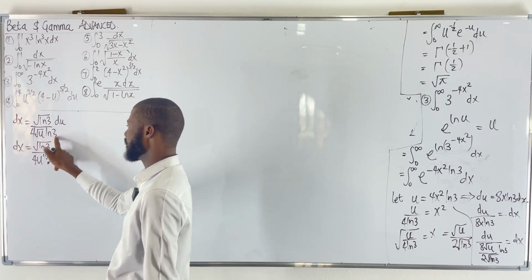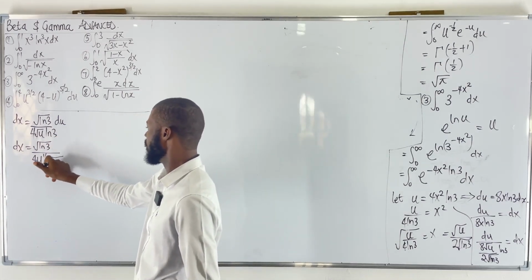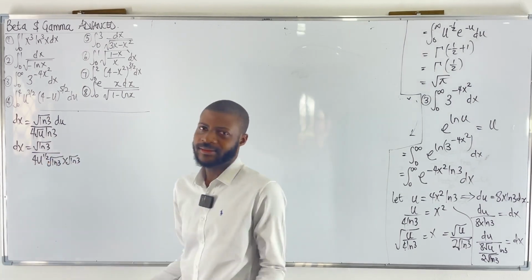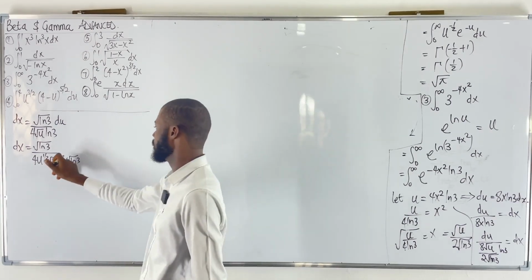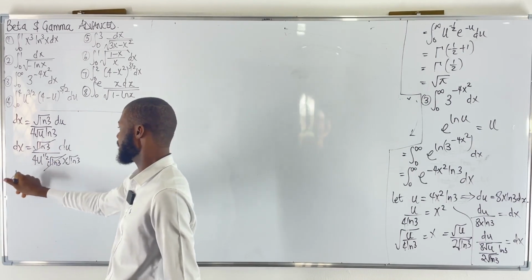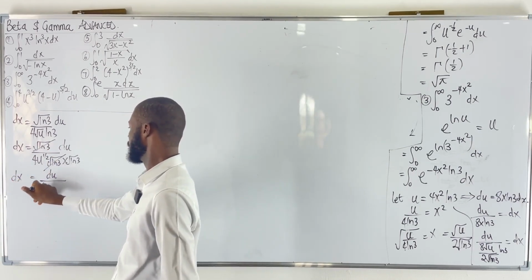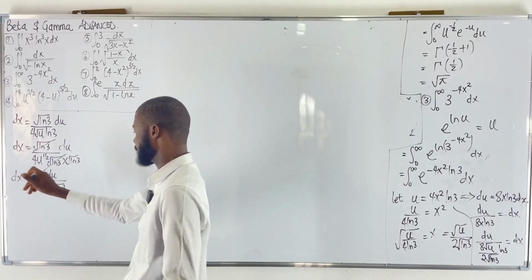Now this length 3 here is the same thing as root of length 3 times root of length 3, because when two roots multiply, you just have the number inside. So one part of this will cancel one part of this. So this means that dx is du divided by 4u to the power of half root of length 3.